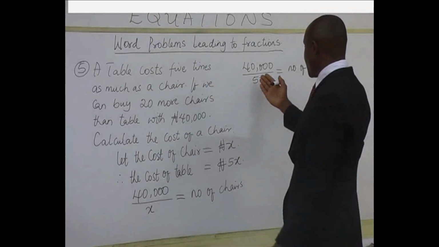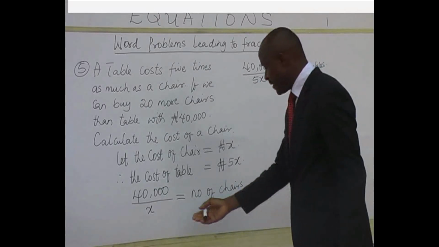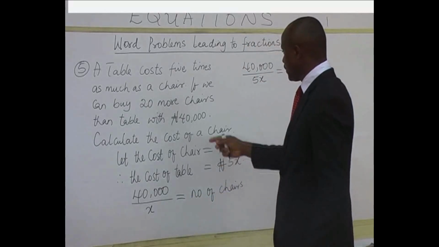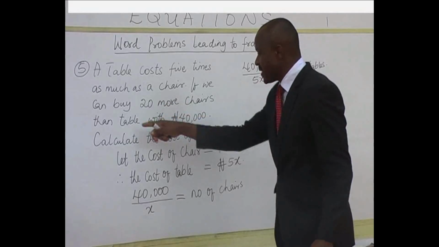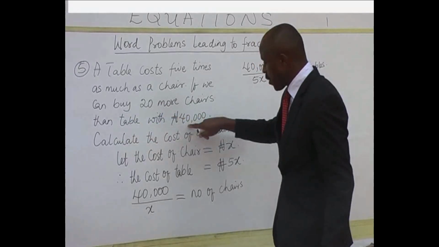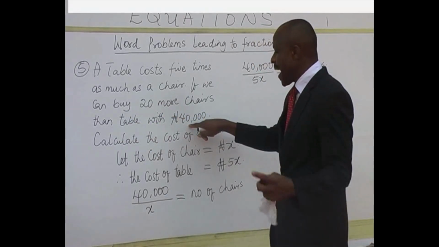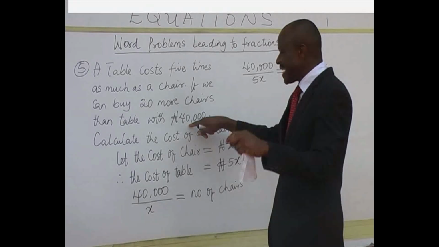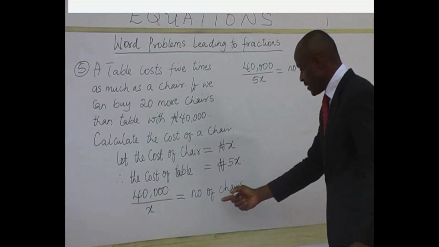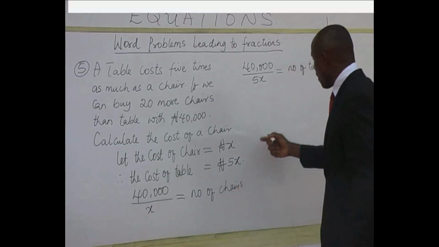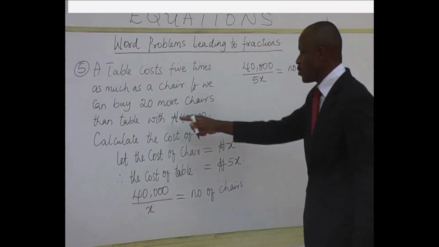So if this is the number of tables and this is the number of shares, the question said we can buy 20 more shares than tables with 40,000. What that sentence means is this: the number of shares minus the number of tables is equal to 20.